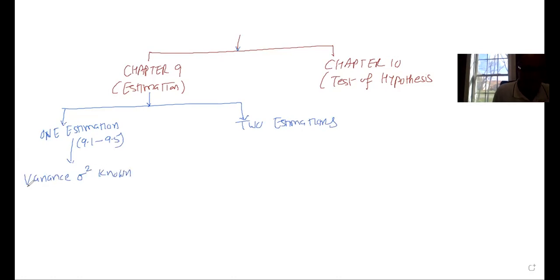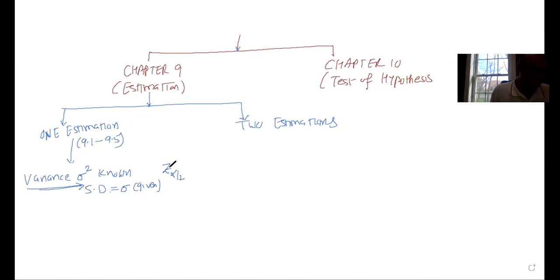Whenever the variance is known, this means the standard deviation sigma is given. Whenever standard deviation is given, we know from chapter 8 that we are going to rely on the z-score. So we can find z alpha by 2.